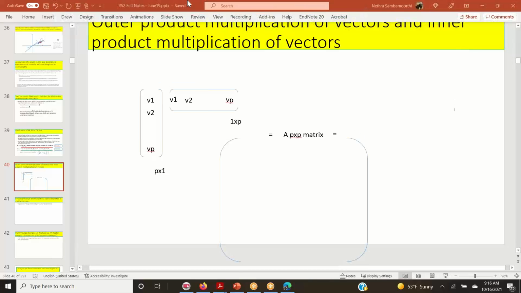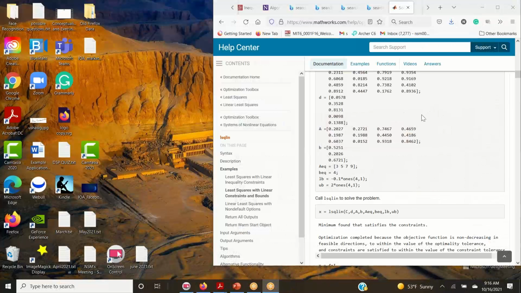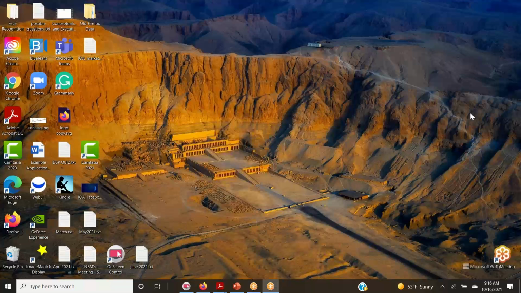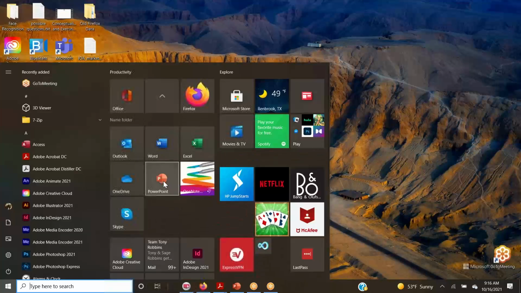Let me see. Oh, something is coming from there. I still don't know what this is. Why is it hanging here? Okay, sorry about that. But anyway, let me go back to my file.